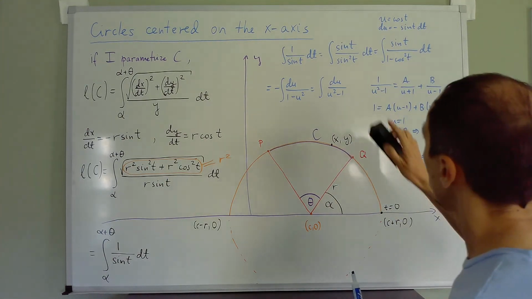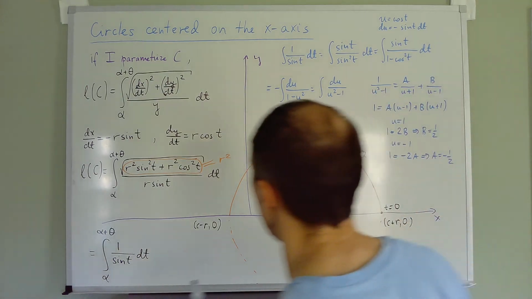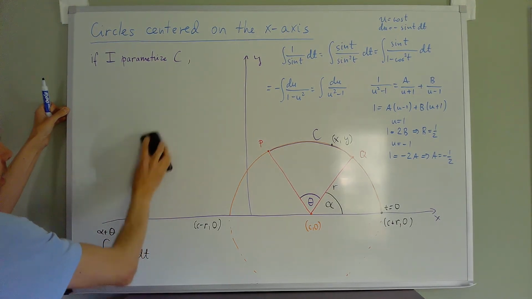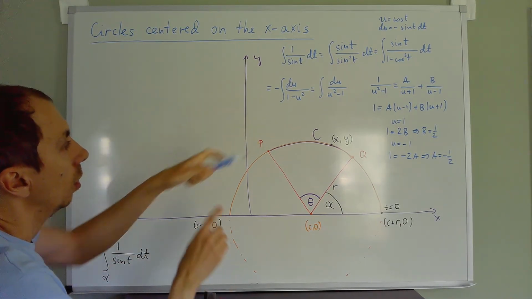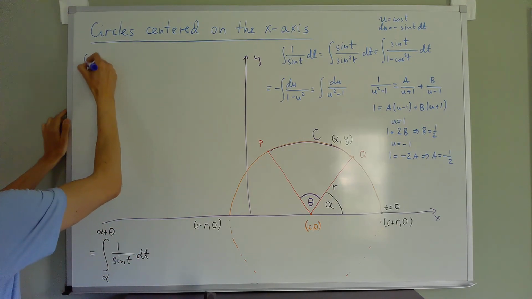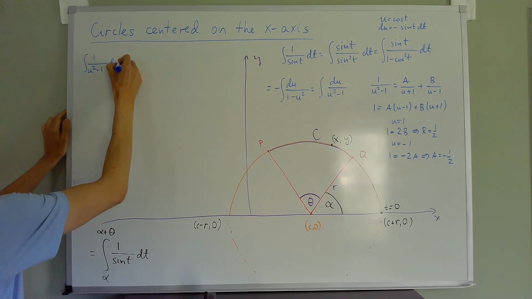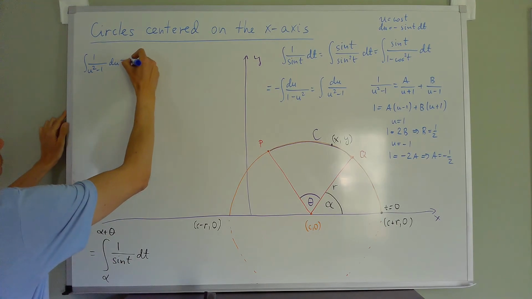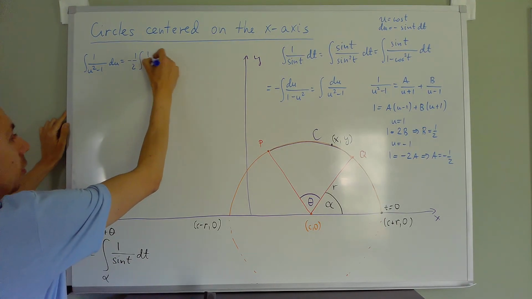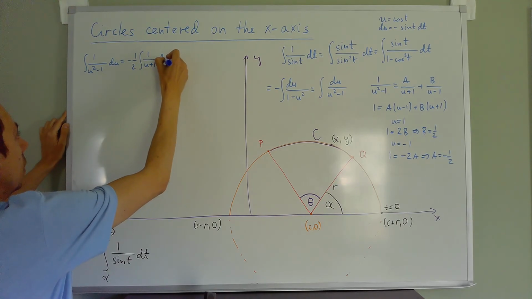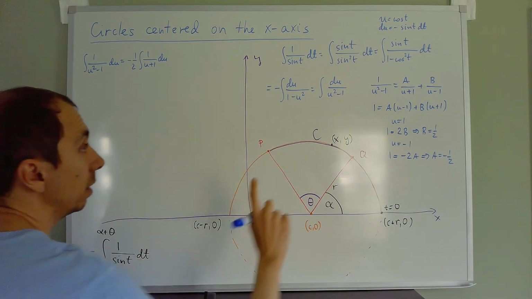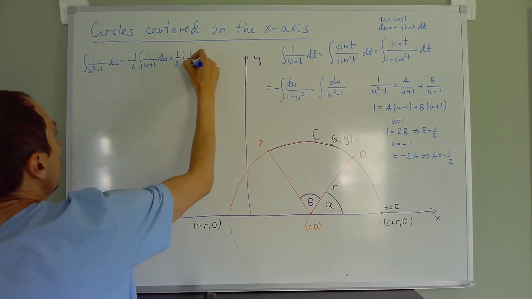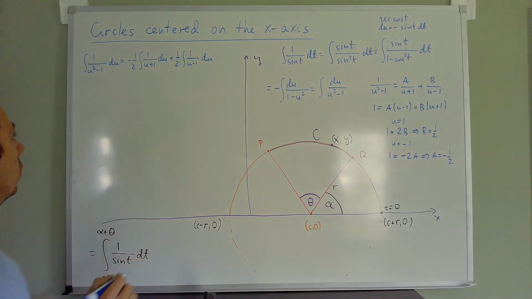Okay, so with this, I know that this integral, which was just the integral of 1 over u squared minus 1, is equal to, so a is minus 1/2, so that's minus 1/2 the integral of 1 over u plus 1 du. And then b is 1/2, so that's plus 1/2 the integral of 1 over u minus 1 du.